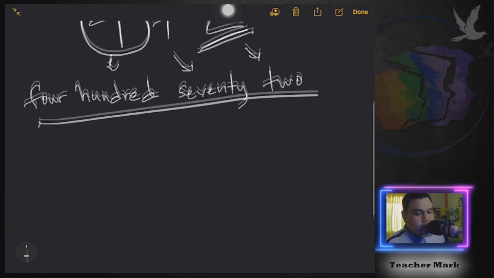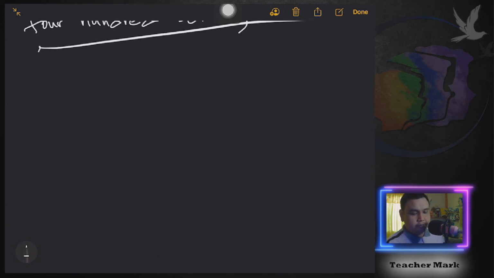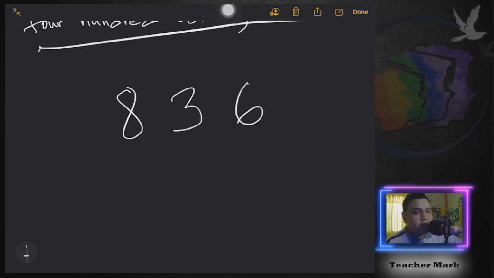Let's try to read another number. So then again, we have this certain number here. And how do we read this number? Technically, if you already know how to read this, you would say that it's 836. So identifying these so-called best friends that I consider: the last two place values, which are the tens and the ones.